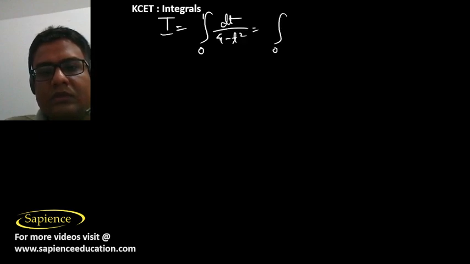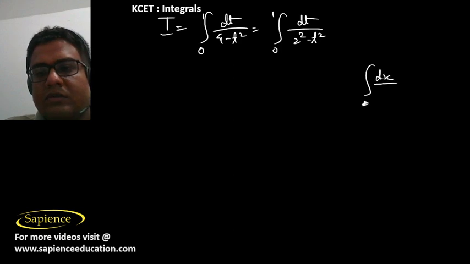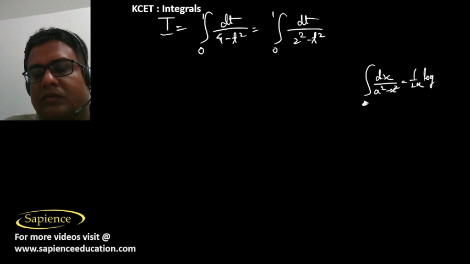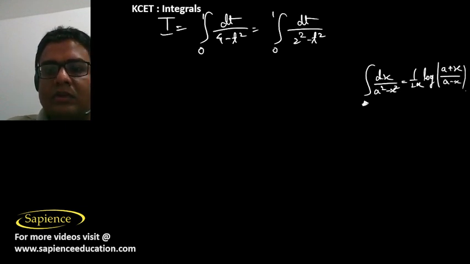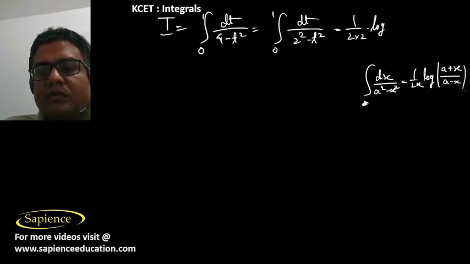So this is integral 0 to 1 dt by 2 square minus t square. Now we know that integral dx by (a square minus x square) is equal to 1 by 2a log mod (a plus x) by (a minus x). So here this will be 1 by 2 into 2 log mod (2 plus t) by (2 minus t), going from 0 to 1.